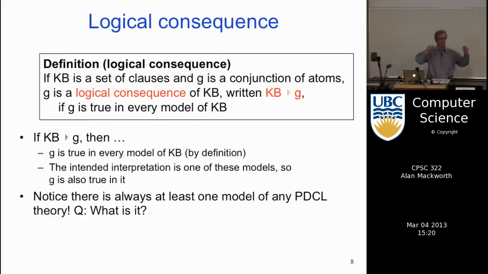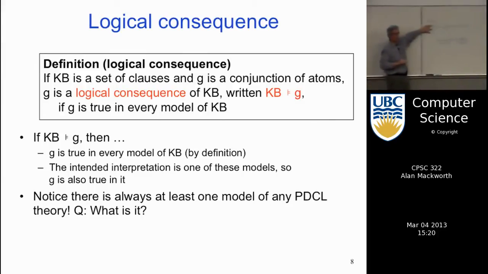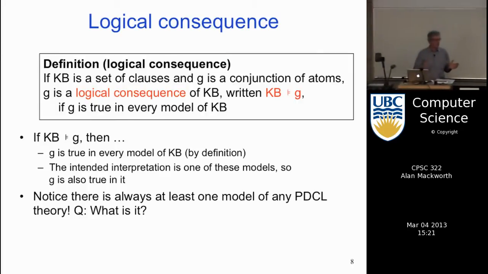One of those entries says they're all true. Now look at the clauses. If they're all in this form, which they have to be in a PDCL theory, true and true and true and true and true implies true. This clause will be true. Any clause in this form will be true. So there's always a model for this kind of theory. There's always at least one model.